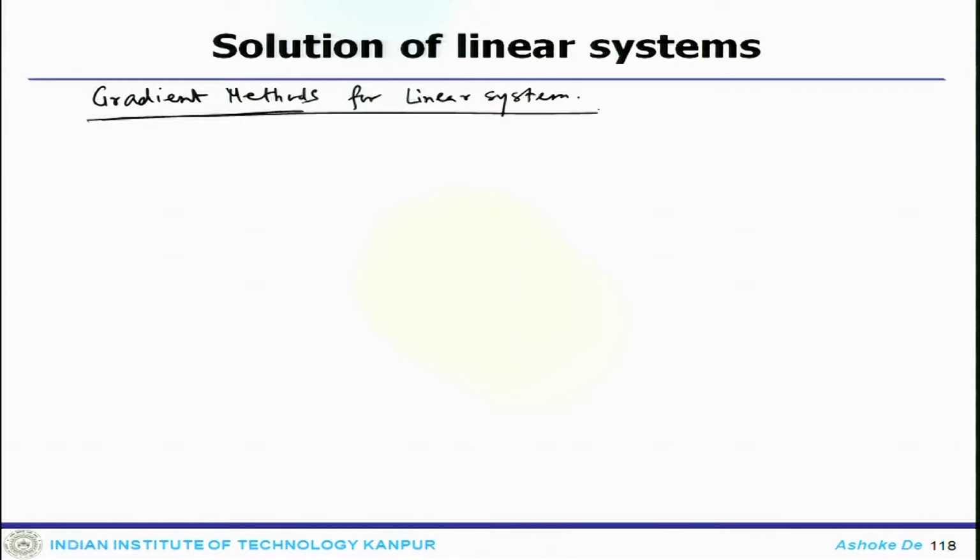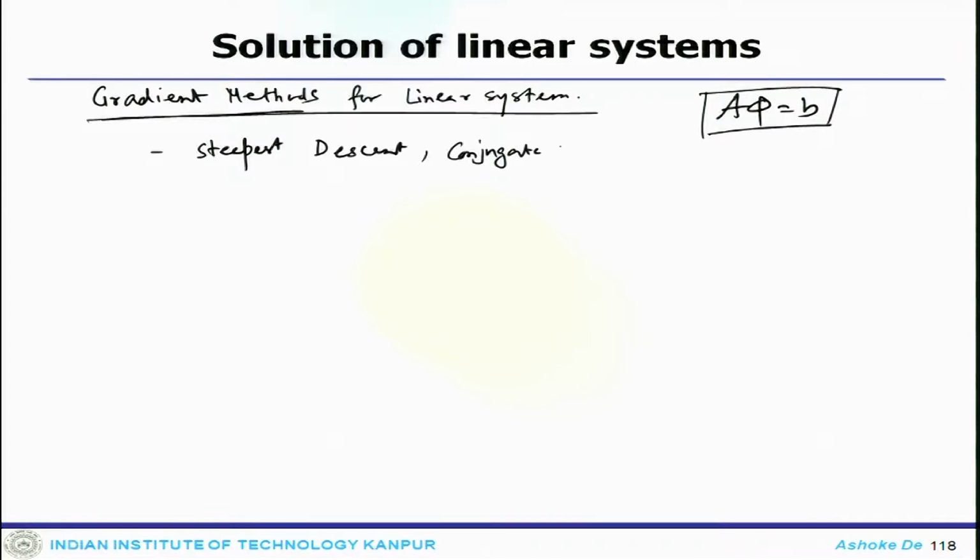So, decomposition method is one, and this is another group of iterative procedures for solving this kind of linear system, and the system remains the same. What we are solving is A phi equals to B. So, the gradient methods include the steepest descent and the conjugate gradient method.